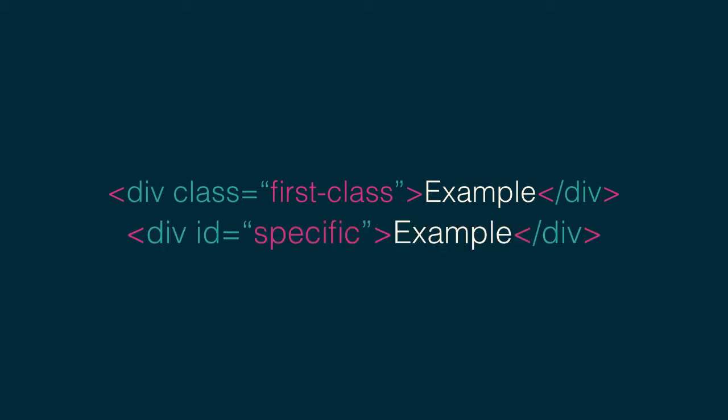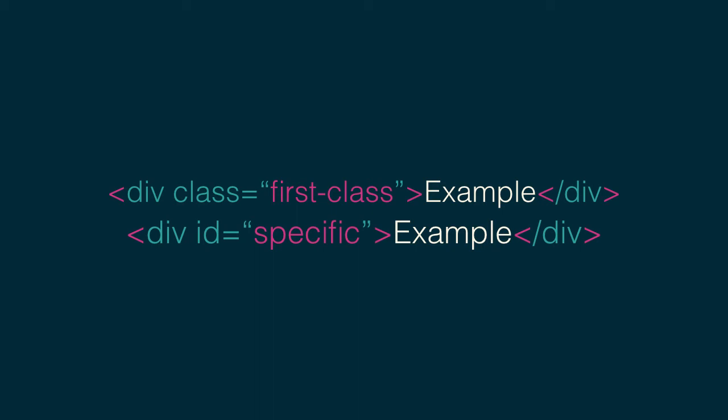Second new attribute that we have that is available on all elements starting today is ID. An ID is a specific identifier for a single specific element. In general, when you are thinking, should I use an ID or should I use a class? It's okay if you just always use a class.